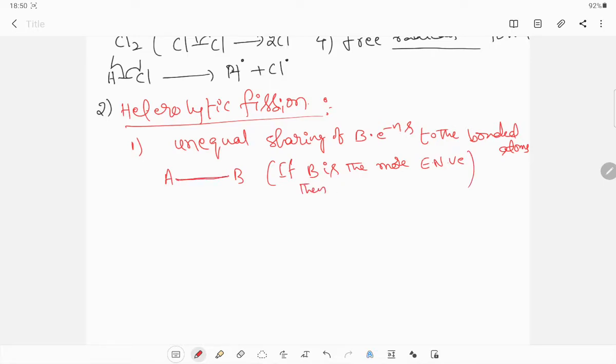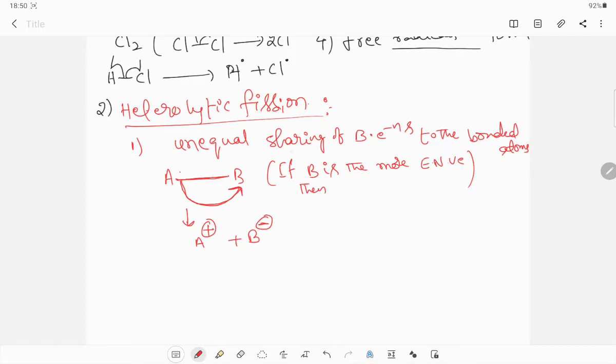These bonding electrons will be attracted by B, so the bonding electrons shift totally towards B. Then what will we get? A loses electrons, that's why it gets a positive charge, and B attracts electrons, that's why it is shown with negative. So A plus and B minus are formed.